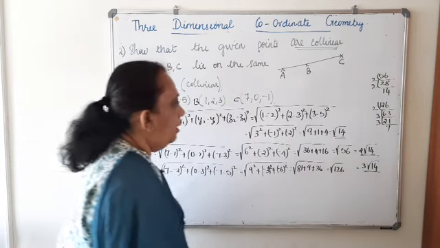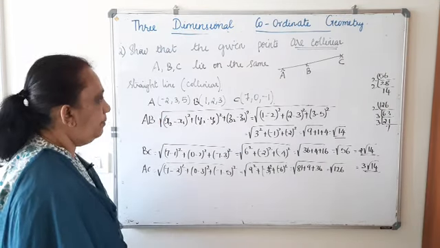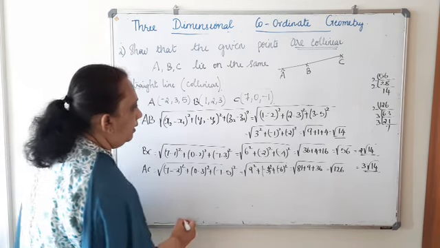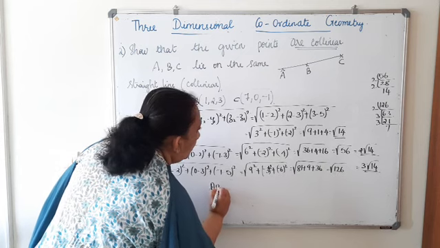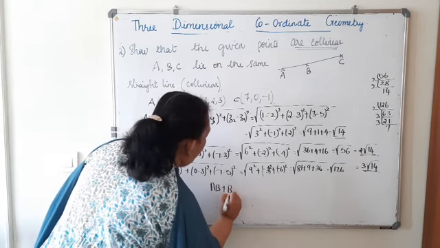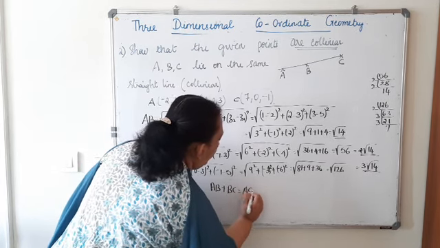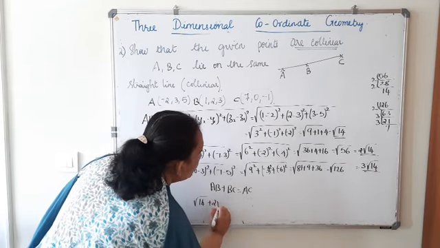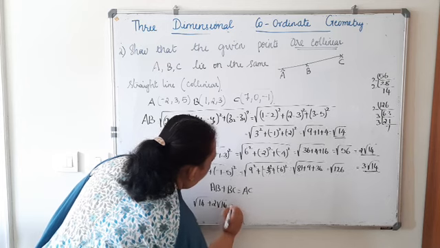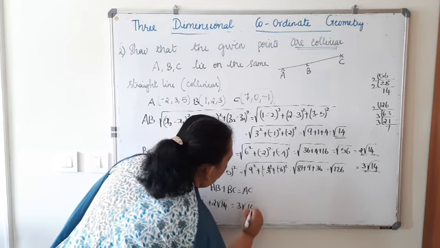3 root 14. So you can get a relationship like AB plus BC gives you AC. That is root of 14 plus 2 root 14 is equal to 3 root 14.